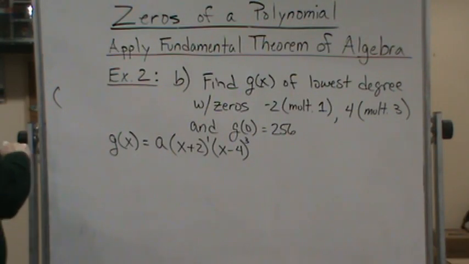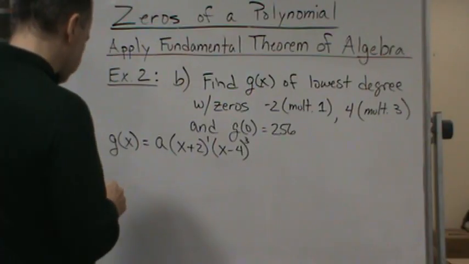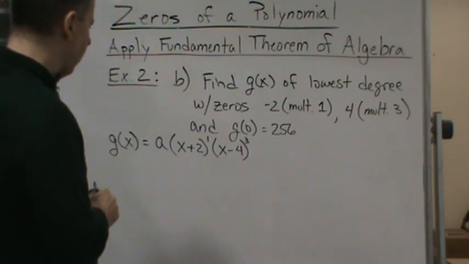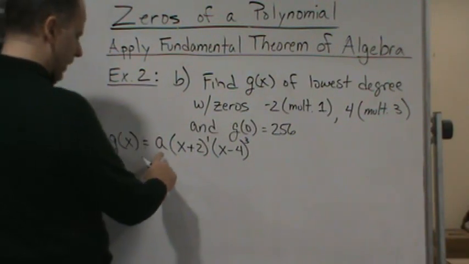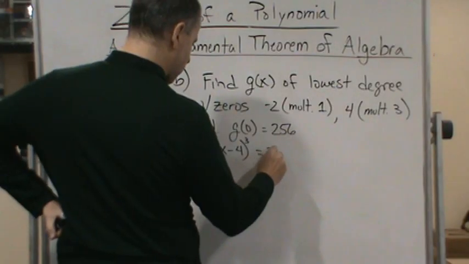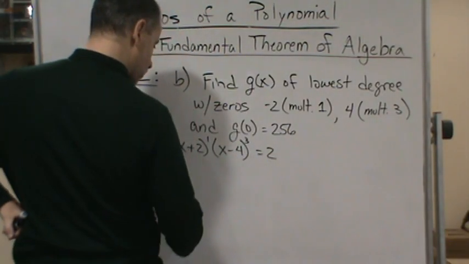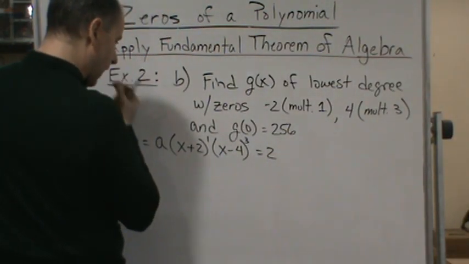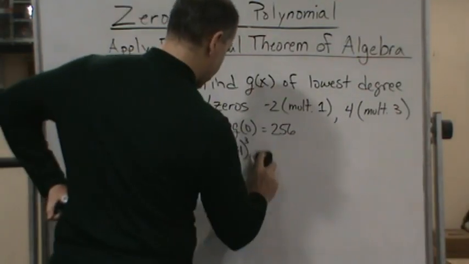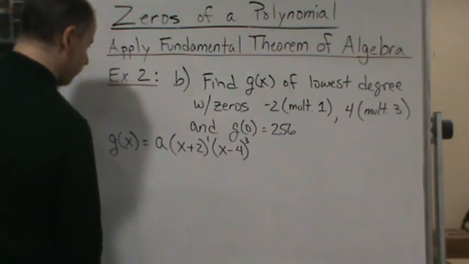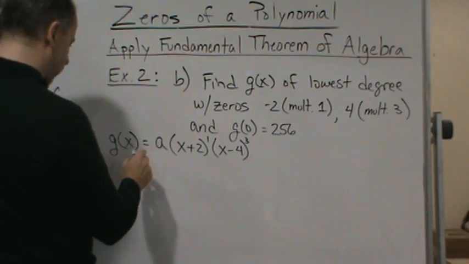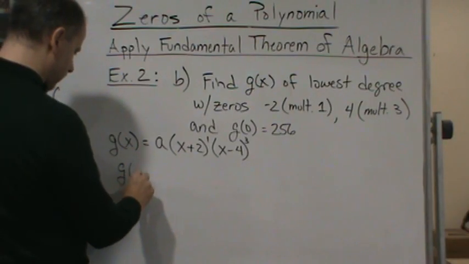Okay, so we can do this now or later, but in factored form, we could just set this equal to 256. Let me see. Yeah, we could just think about this. We want g of 0.